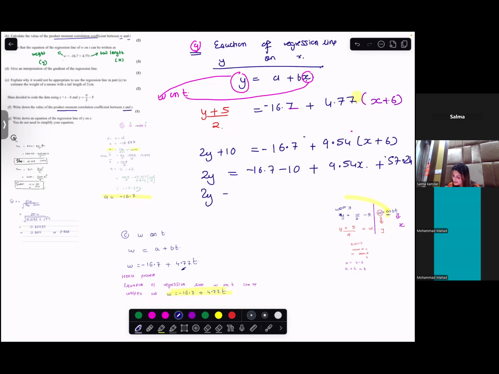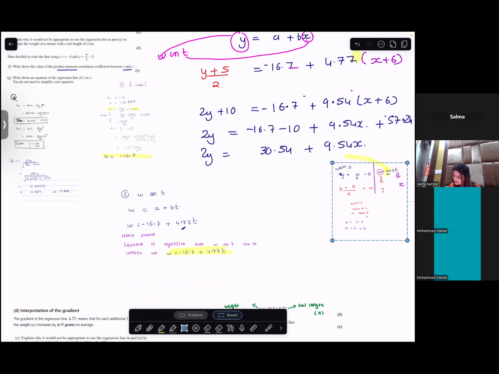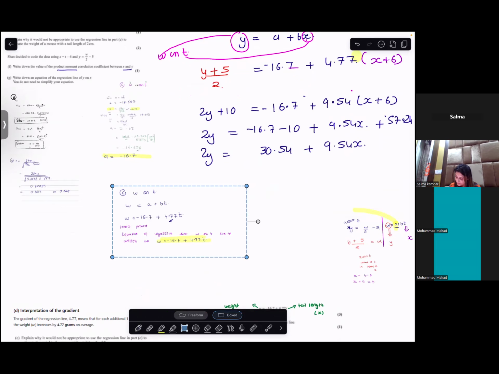So 2y is equal to minus 16.7 minus 10 plus 57.24, so it's 30.54 plus 9.54x. Now I can divide throughout by 2.